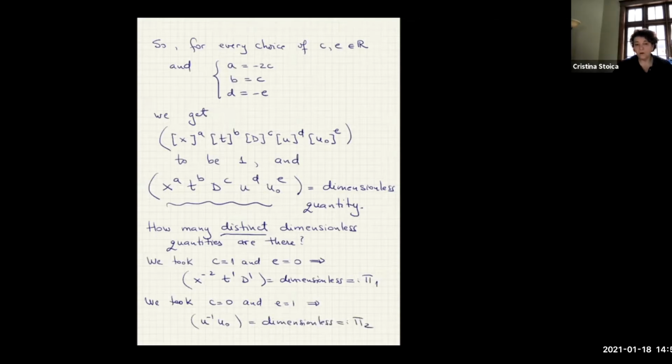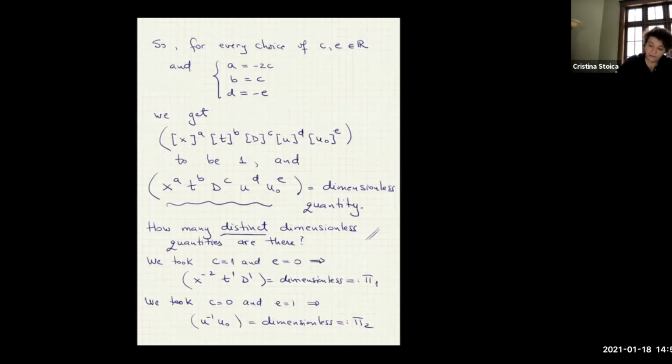So for every C and E choice, I get a different one. So the question I ask here is how many distinct are there? And the answer is, we're going to have as many as the dimension of the span of solutions of the linear system that we just solved.